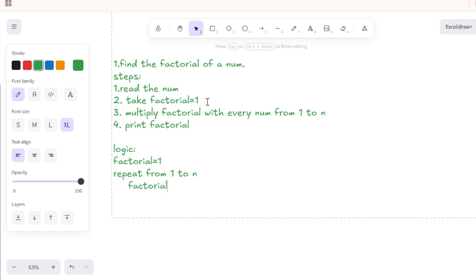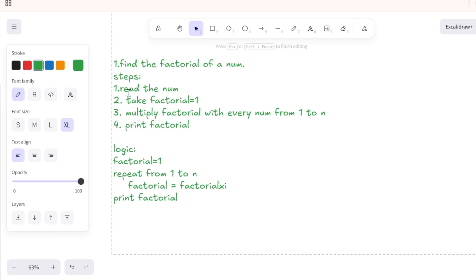Factorial is equal to factorial into i, because i is in the range of the repetition here. And finally, you need to print factorial. Right? So this is the logic of the code, which is the easiest and simplest way among all of the codes. Let's go to the code now.